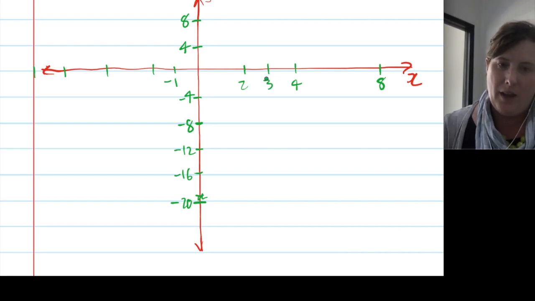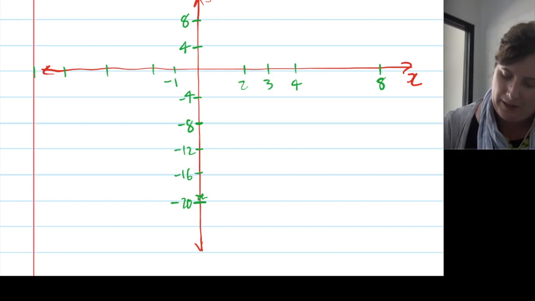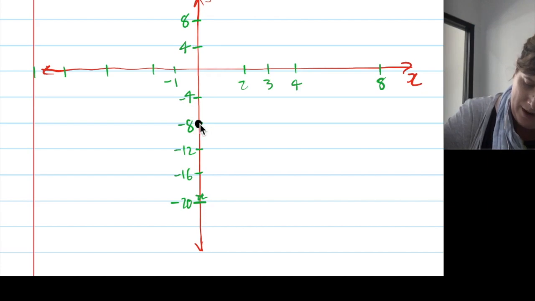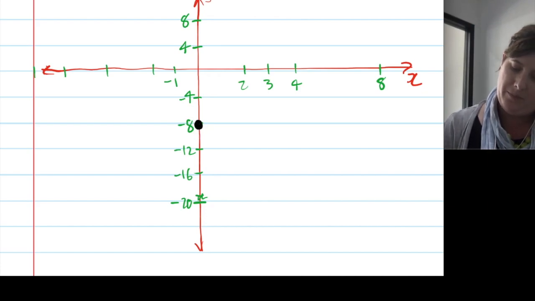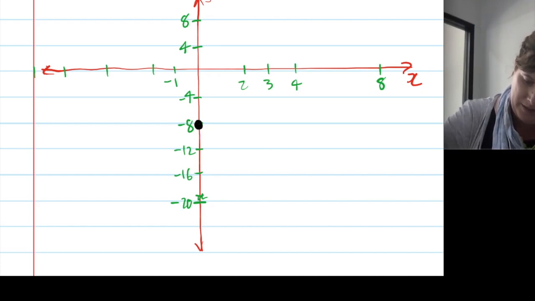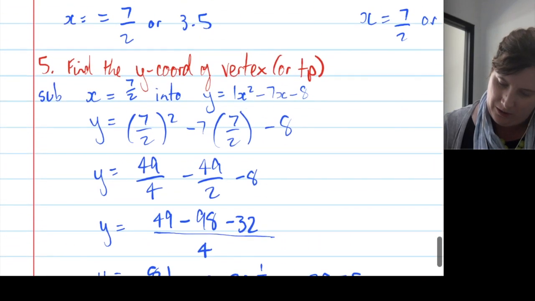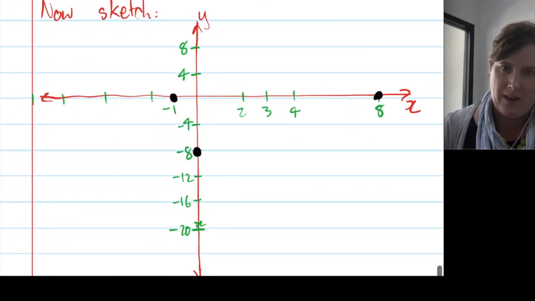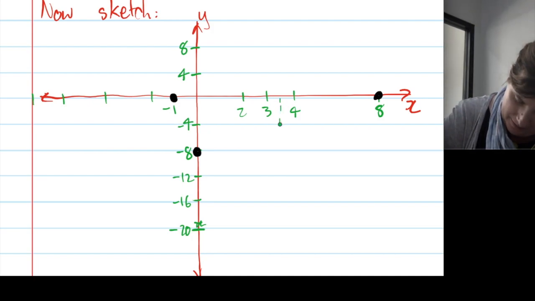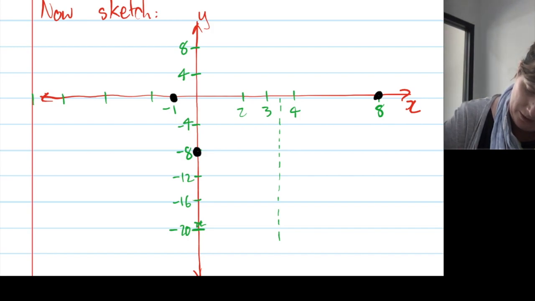Okay. So the important points I'm going to have to put in is my y-intercept, my x-intercepts, and the turning point. The x-coordinate of the turning point was 3.5. And the y-coordinate was like 20.25.